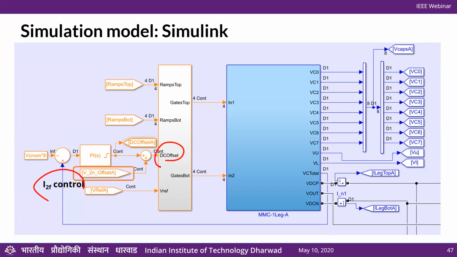If you get the sign wrong, if you end up adding offset in the same phase on both of them, then instead of affecting the circulating currents, you'll start affecting your output current. So that's a quick check in your simulation. If you start seeing effects on the output current, that means your polarities are wrong.